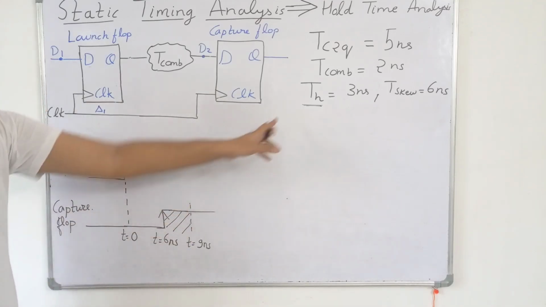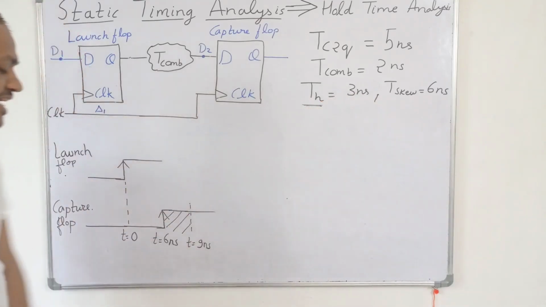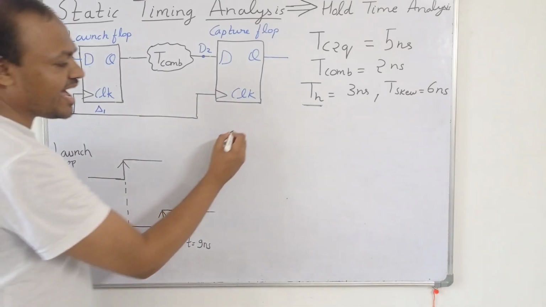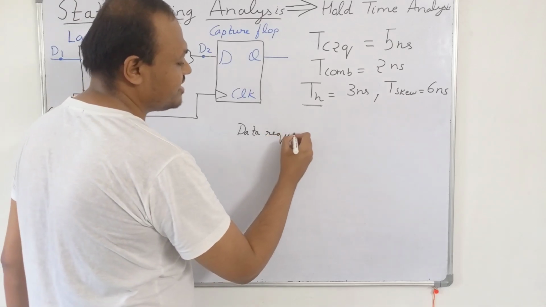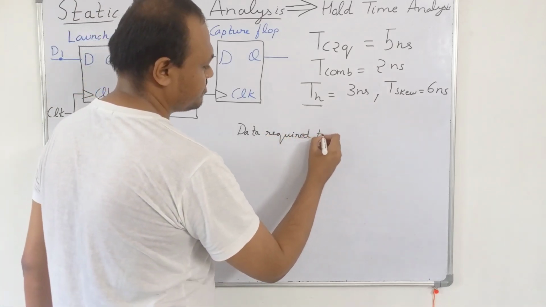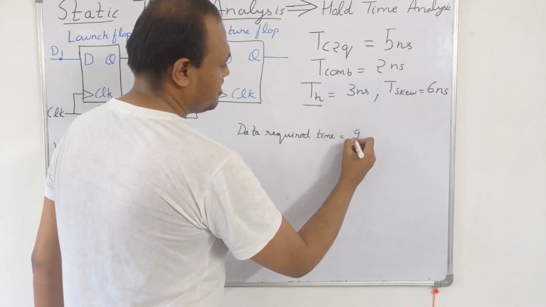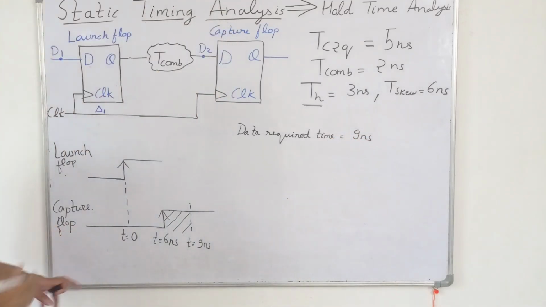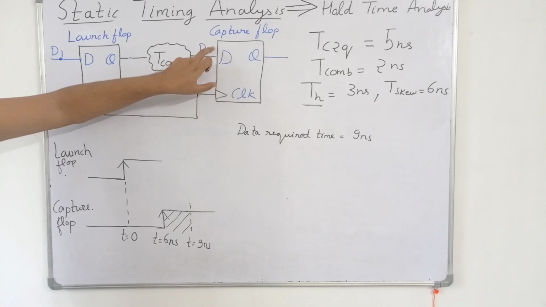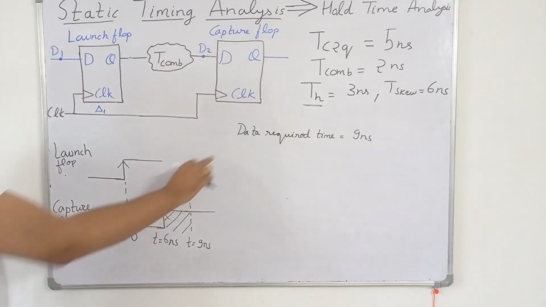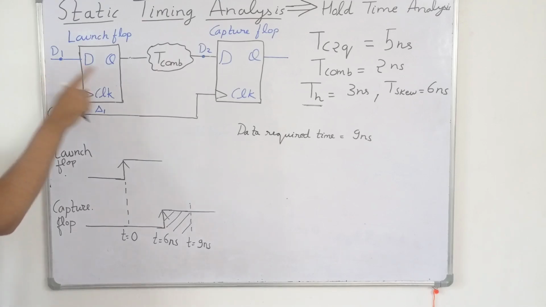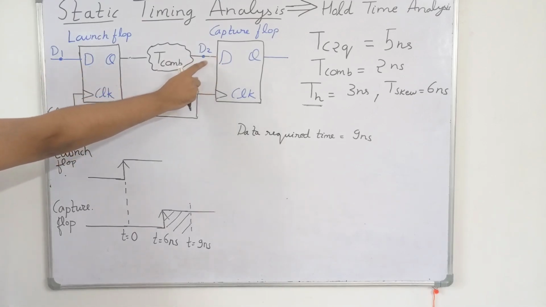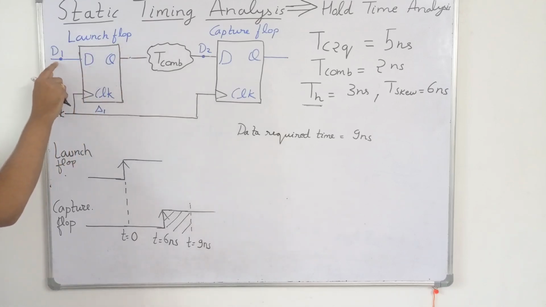So from 6 nanoseconds we add the hold time of 3 nanoseconds. It means that the data required time is 9 nanoseconds. Suppose the capture flip flop is capturing data D2 and the launch flip flop has data D1 at its input.